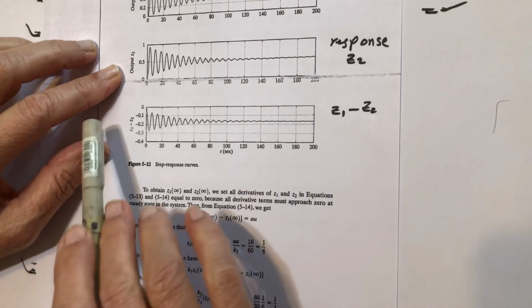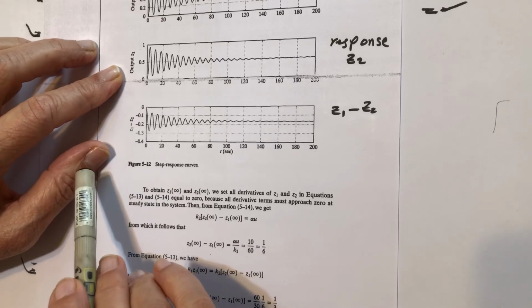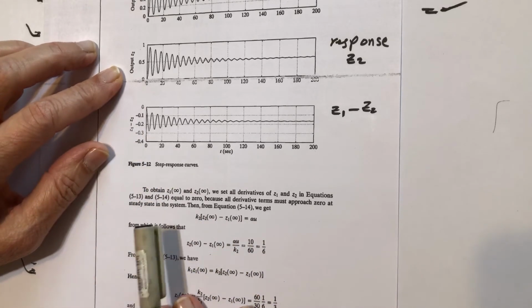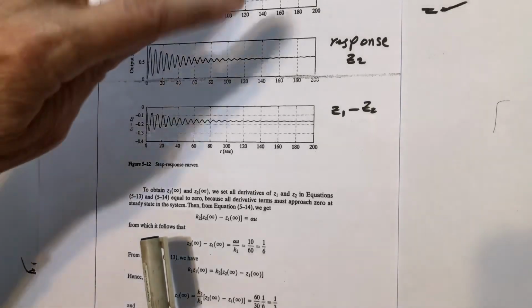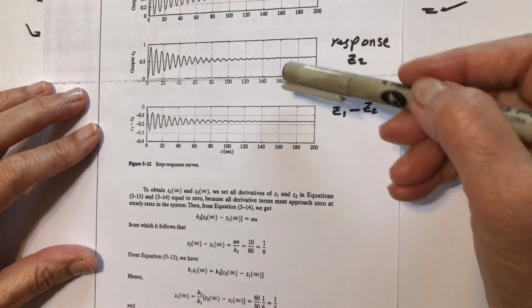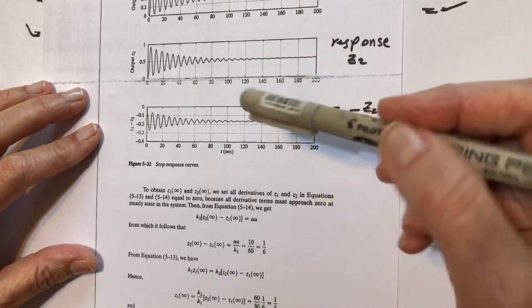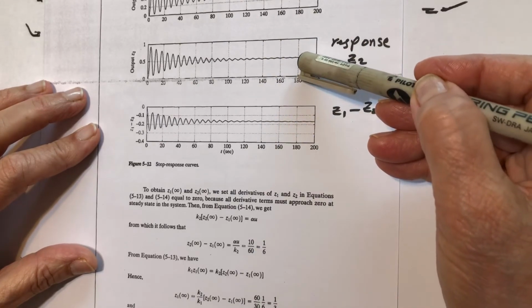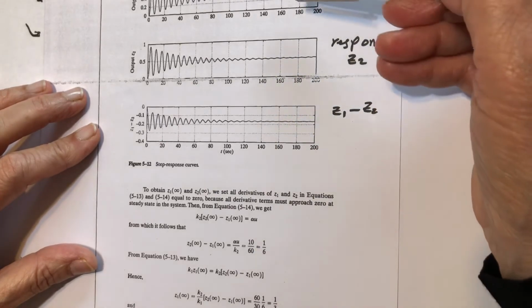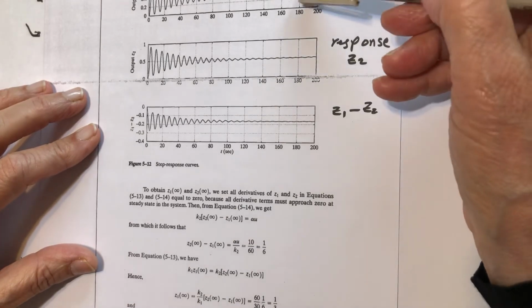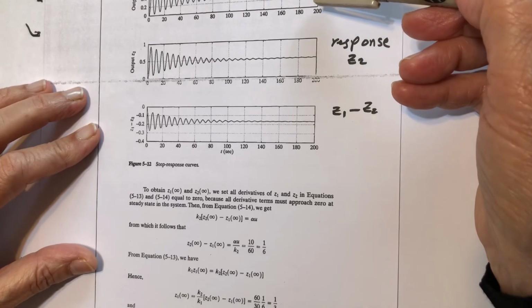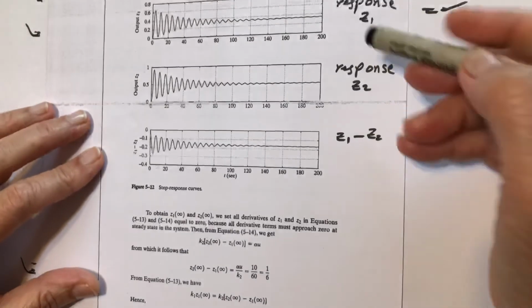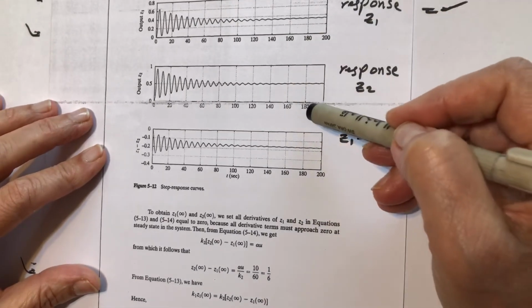And if you subtract Z2 from Z1 at steady state, this one is like 0.3 and this one is 0.5.